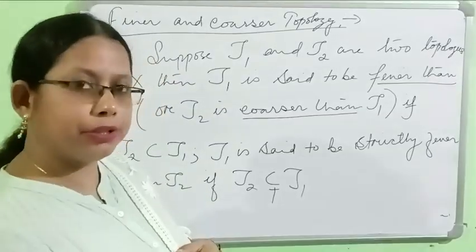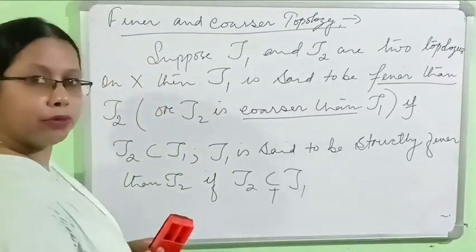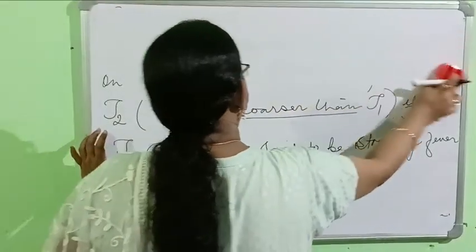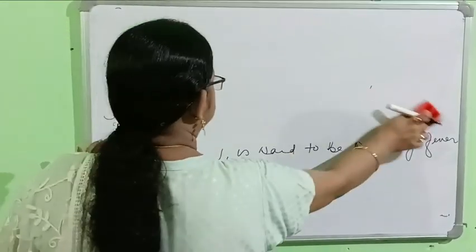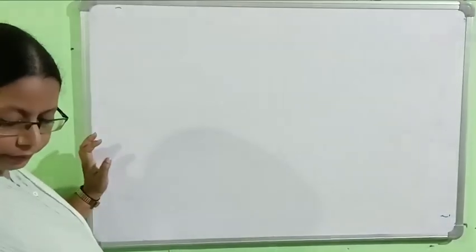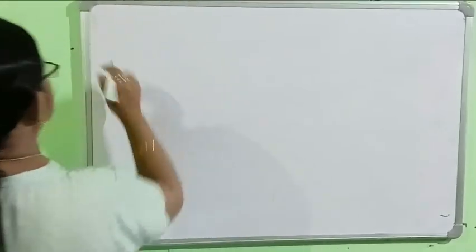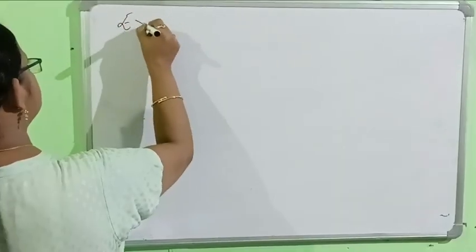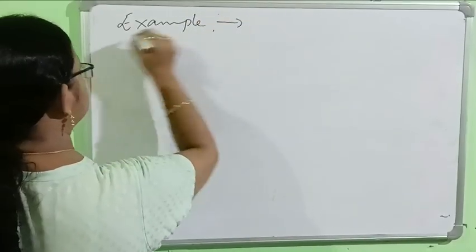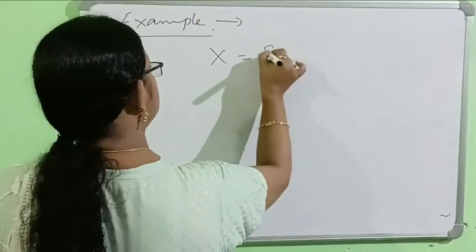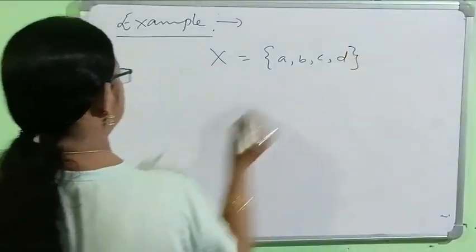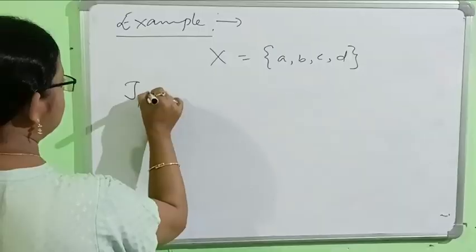Next, consider some examples of finer and coarser topology. Example: consider X equal to {a, b, c, d}.